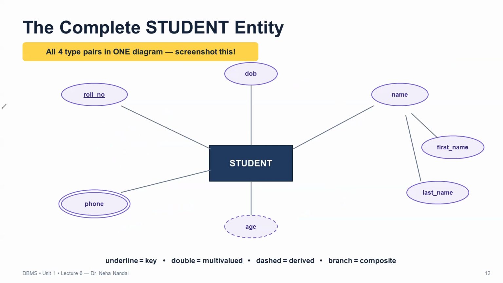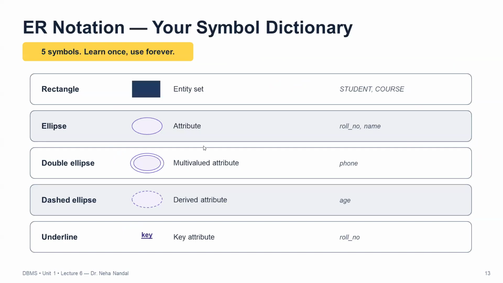So from this portion, we'll go further to our next part. These are all the representations before making a full-fledged ER model. These are the representations that you have to remember. Rectangle, entity set. Ellipse, attribute. Double ellipse, multivalued attribute. Dashed ellipse, derived attribute. Underline, that is key attribute. Great.